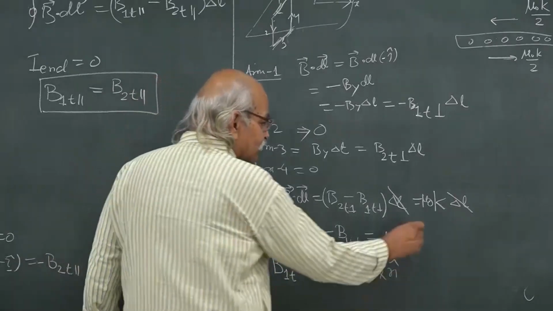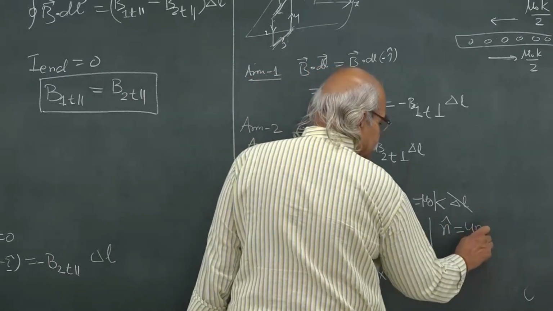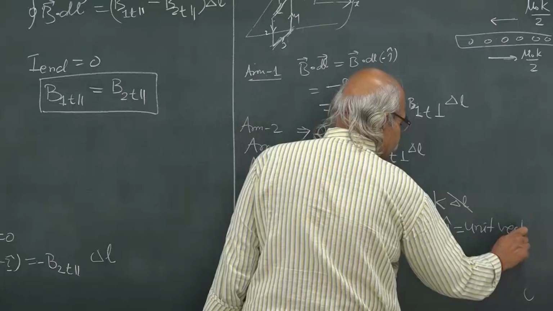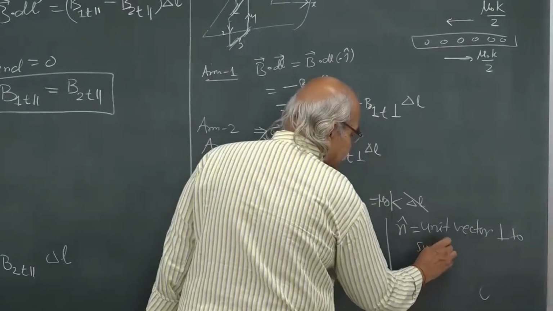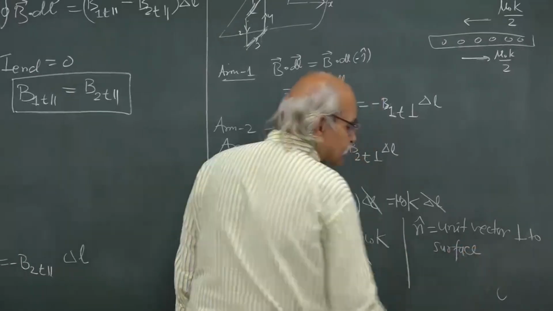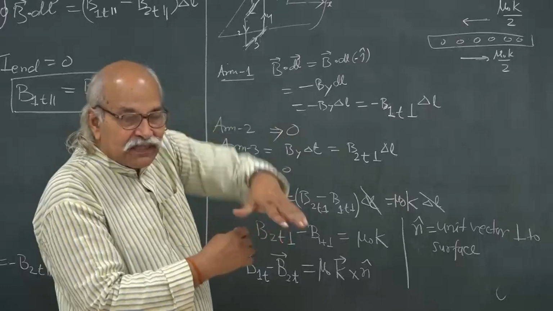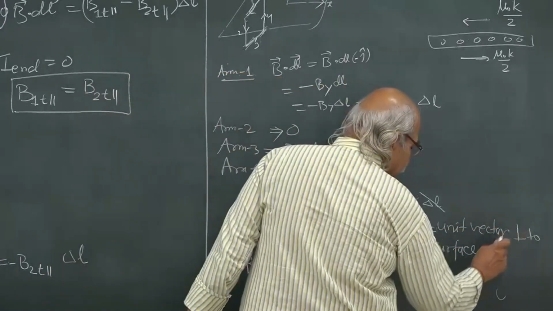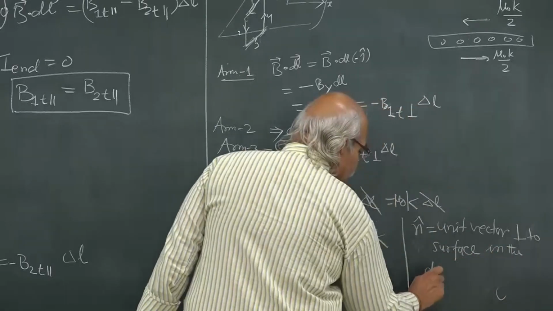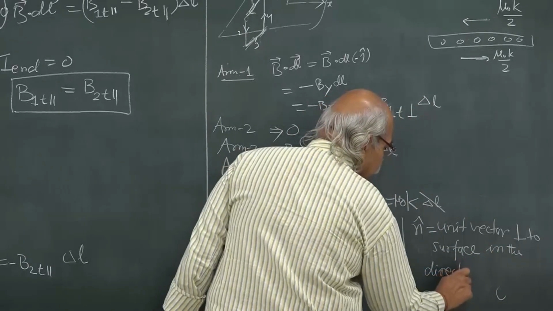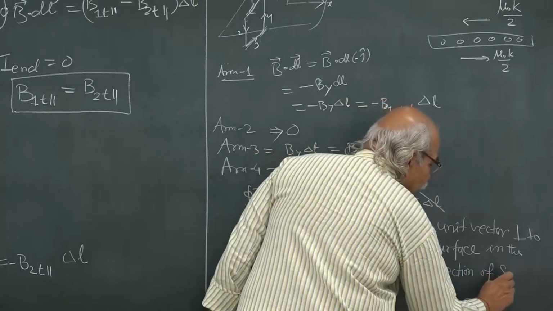What is this n vector? This n vector is a unit vector perpendicular to the surface, and there are two possibilities. If this is the surface, this is perpendicular and this is also perpendicular. So, perpendicular to the surface in the direction of side 1.